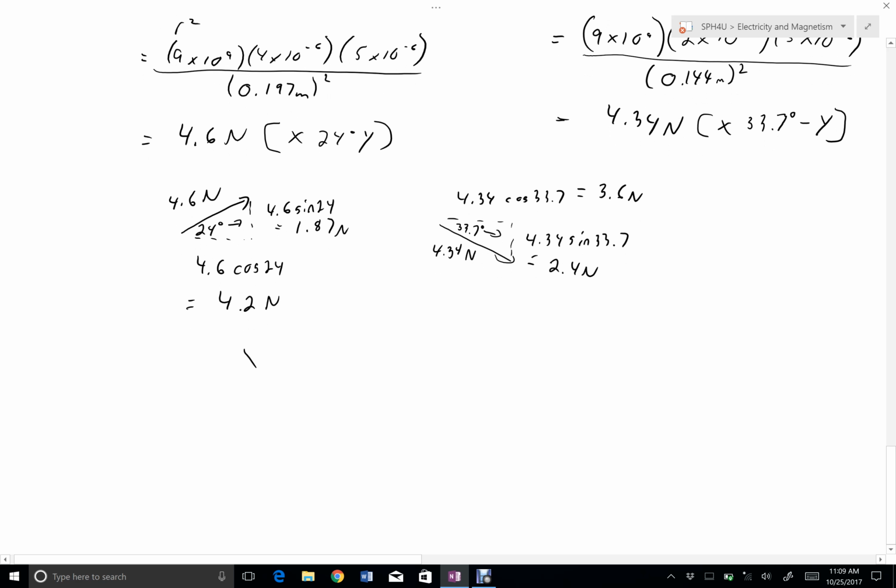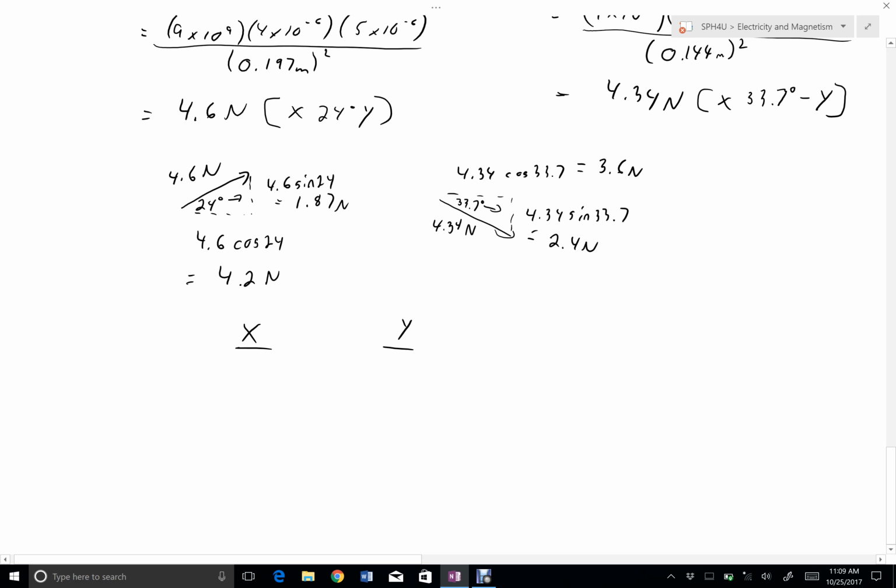So now I can sum in my x and y direction separately. In my x direction, I would have 4.2 newtons from my first force, and I would have 1.87 in the y direction. For my second force, I would have 3.6 newtons in the x direction, and careful, this is in the negative y direction, so negative 2.4 newtons.